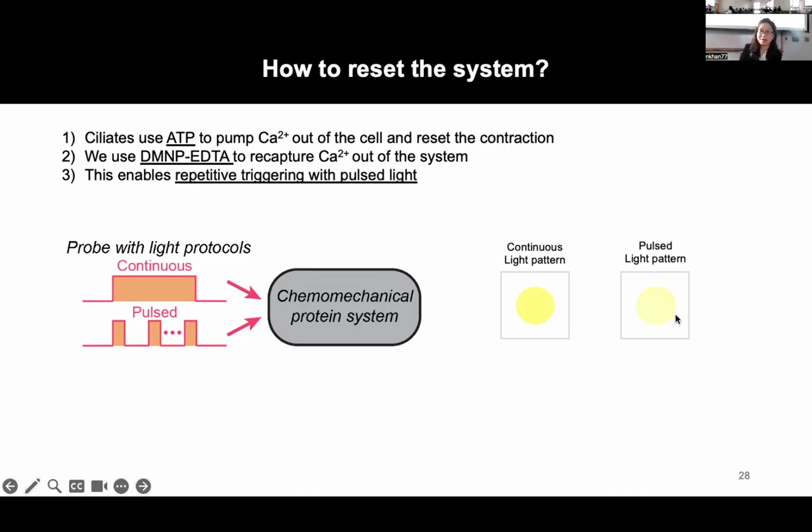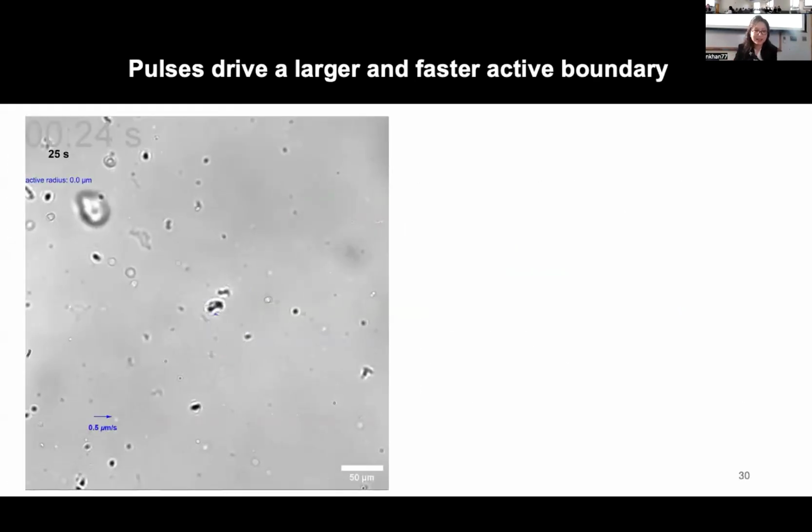The pattern here, if you can see my mouse, is a pulse-like pattern instead of a continuous one. Imagine what happens to the system: will they respond to the pulse light, or will they ignore it and just keep growing in their own way?